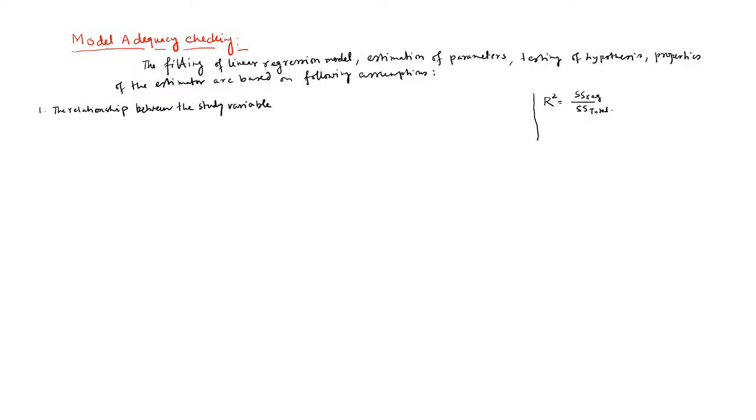So if you add more explanatory variables, whether they are significant or not, your SS due to regression always increases.